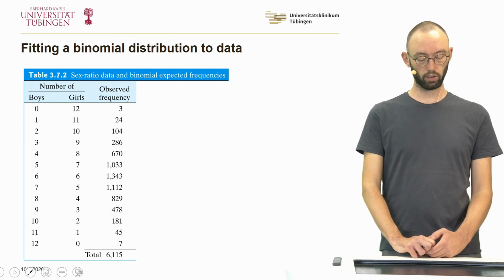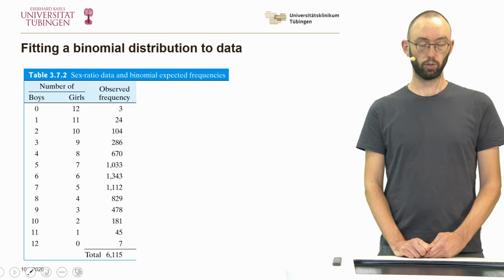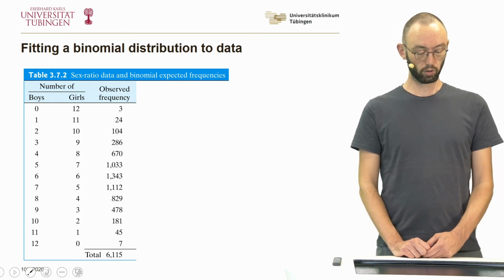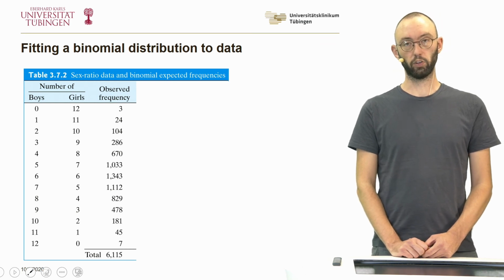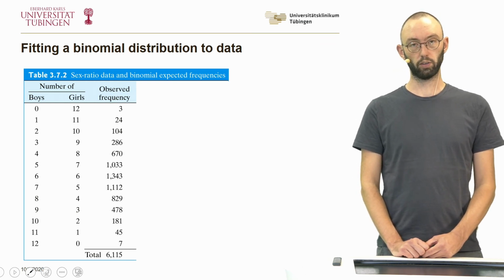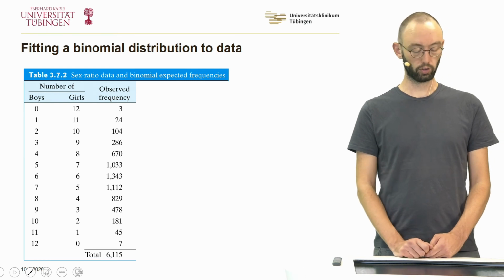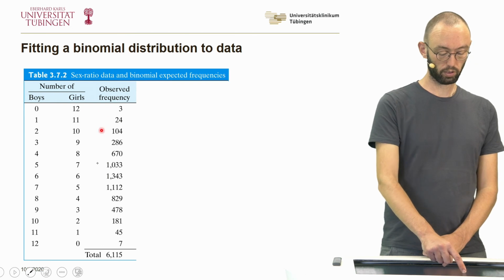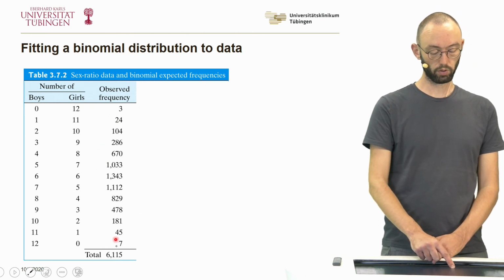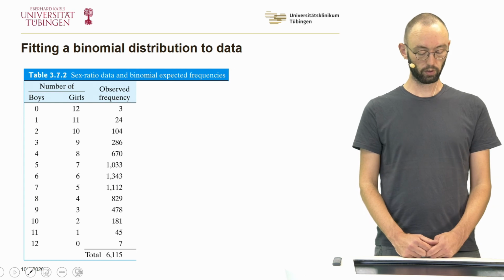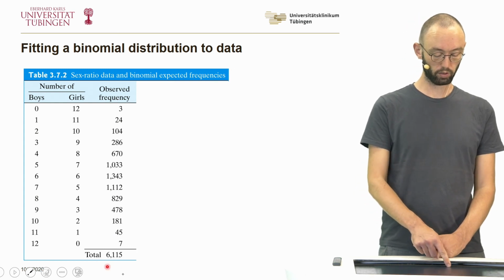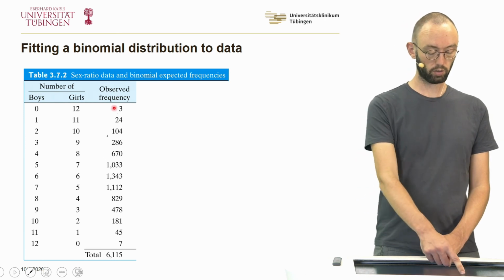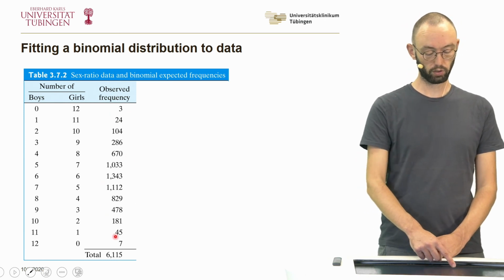So this is an interesting data set from the 19th century in England, where the number of boys and girls were looked at in very large families with exactly 12 children. In the data set, they observed the different outcomes with these frequencies. In total, we have 6,115 families, and they were distributed across all these families like this.